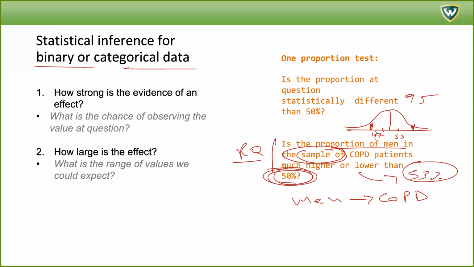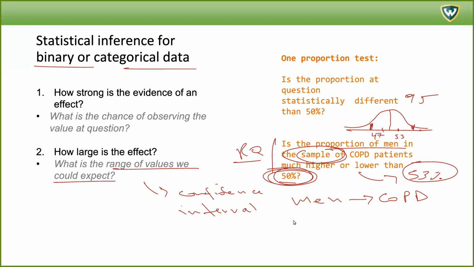It's probably higher than that, actually, maybe 40 to 50. And that's the range of values you could expect, which is also called the confidence interval. That's a kind of review of what we did before, and then also what we're going to go over here in more detail.